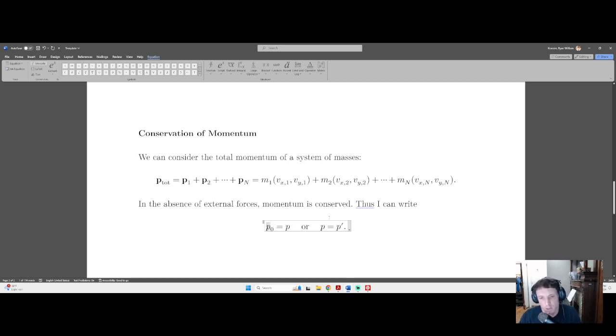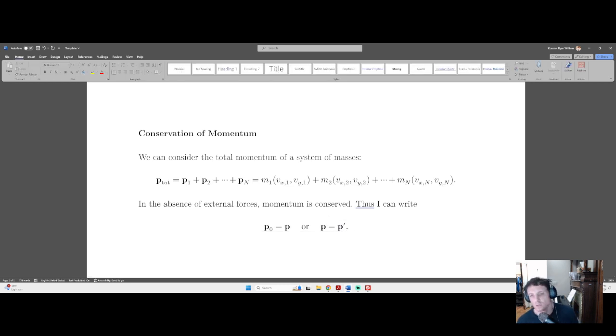Sometimes using a lot of subscripts can get unwieldy. So in the absence of external forces, the momentum is conserved for a system of masses. This is a pretty important statement, and we'll do a lot of problem solving with this idea.